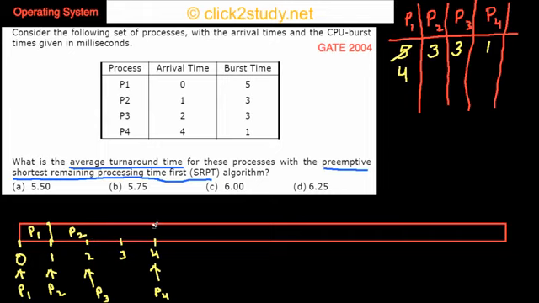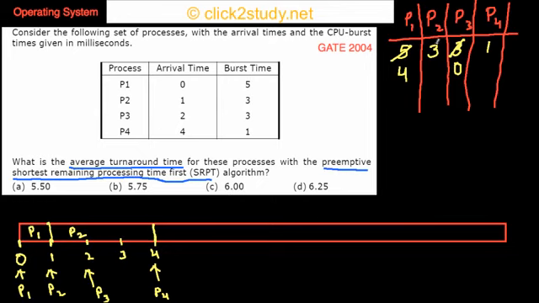P2 will keep running up till this point, and at this point P4 comes in. Sorry, this was P2 that was finished here, since it ran for all the CPU time it needed, that is 3.